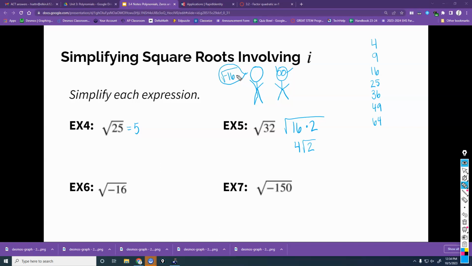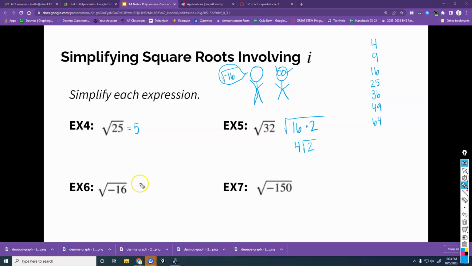So I know the square root of 16, but there's no number times itself that will give me negative 16. Like if I use negative 4 times negative 4 is positive 16. Doesn't work, right? So I can't take this square root the same as I would if it was just positive 16.